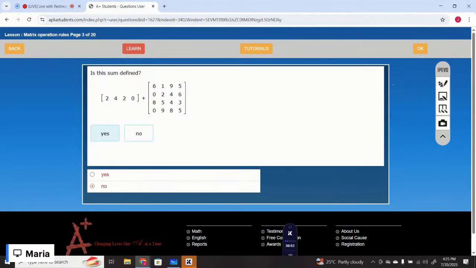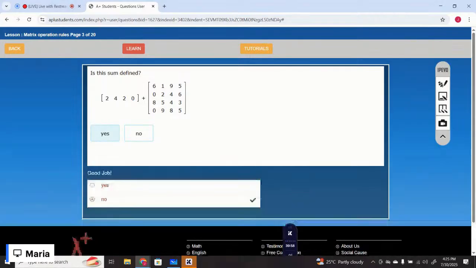So no, we cannot add them until they have exactly the same numbers of rows and columns. That is the rule to add matrices.